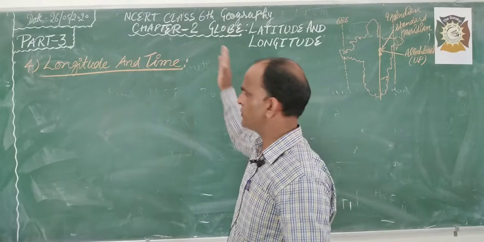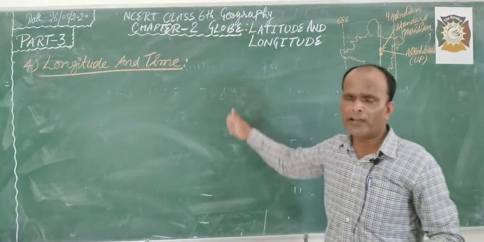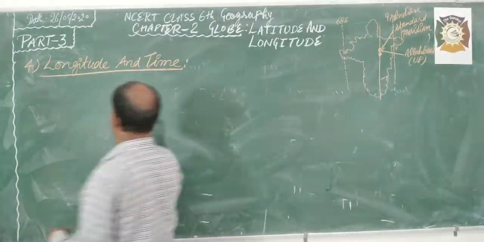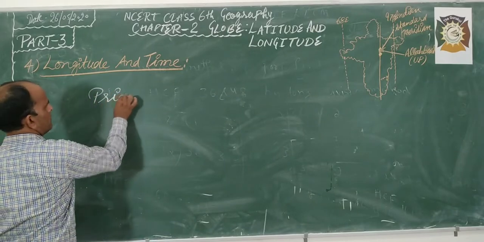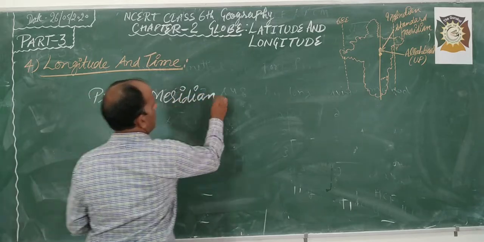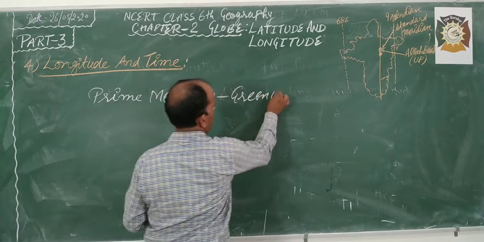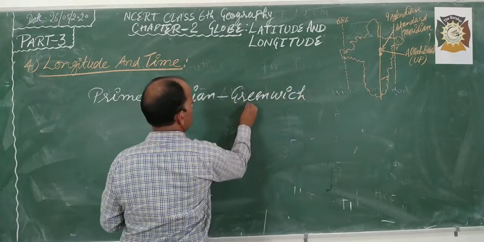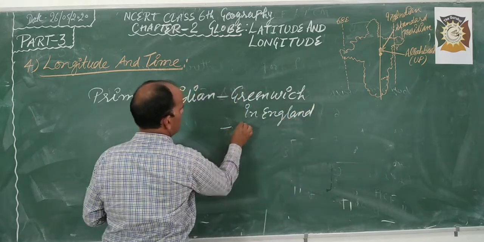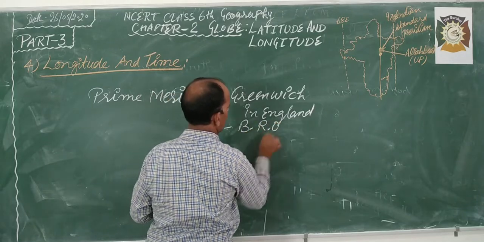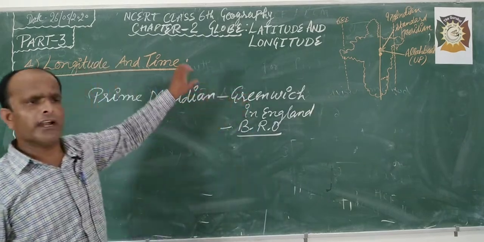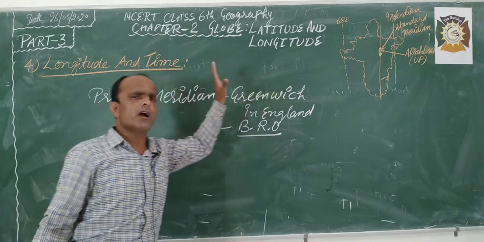All places along this prime meridian, the Greenwich prime meridian, in England near the British Royal Observatory. Where the British Royal Observatory is located, that is Greenwich, and there the time is collected for the whole countries.